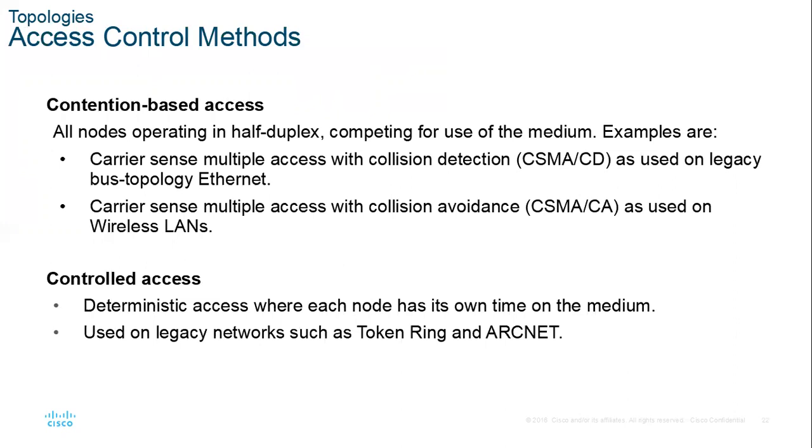Everybody will want to try to transfer data. So that's where carrier sense multiple access with collision detection comes in, which is legacy. Then, of course, carrier sense multiple access with collision avoidance, used more recently in most wireless LANs.